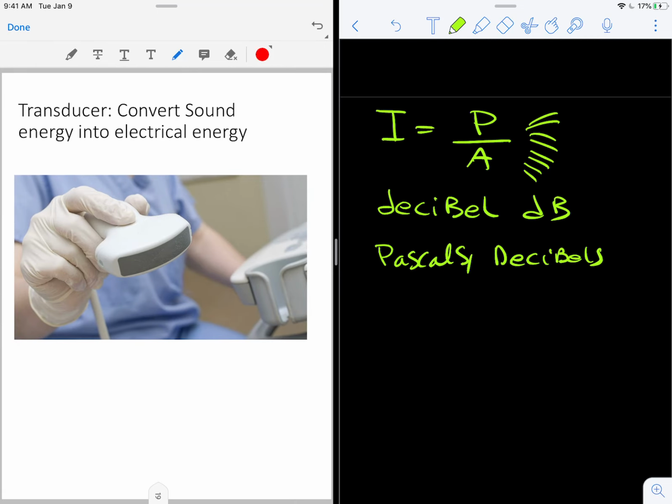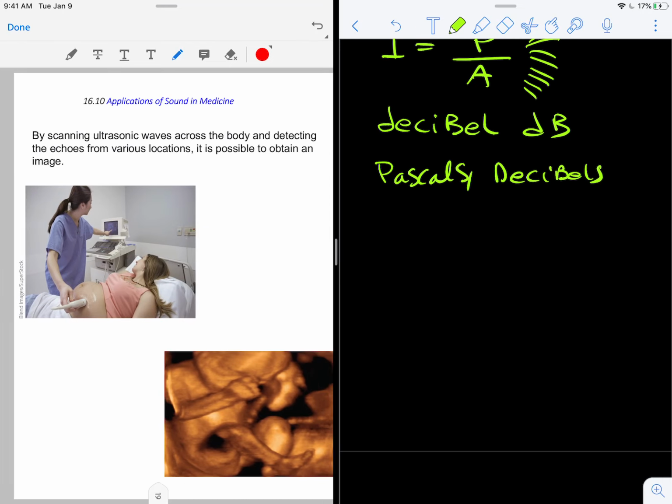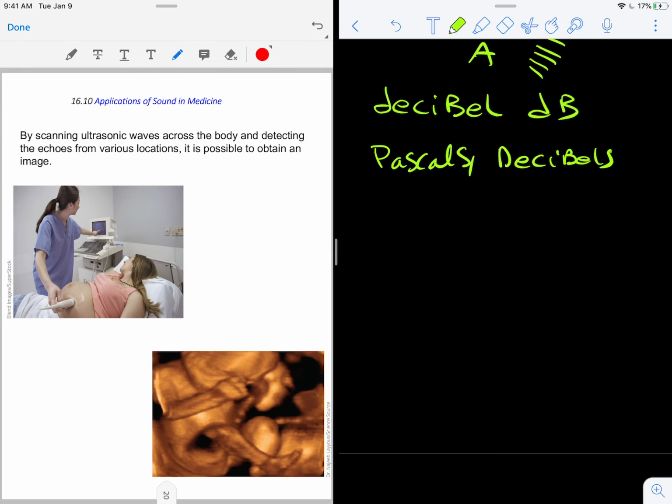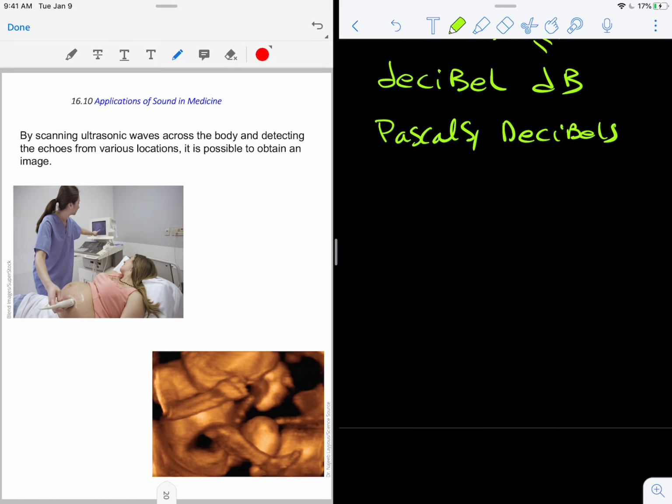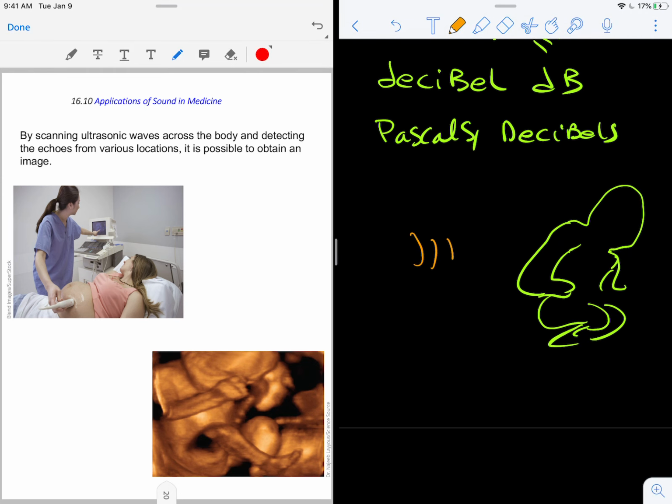So let's look at an application of that, which is going to be for transducers. So then this is going to combine a few of the things that we talked about, mainly the Doppler effect. The way that you're able to create an image is that, as for example, you have a baby. So the sound comes in, and the baby moves around.